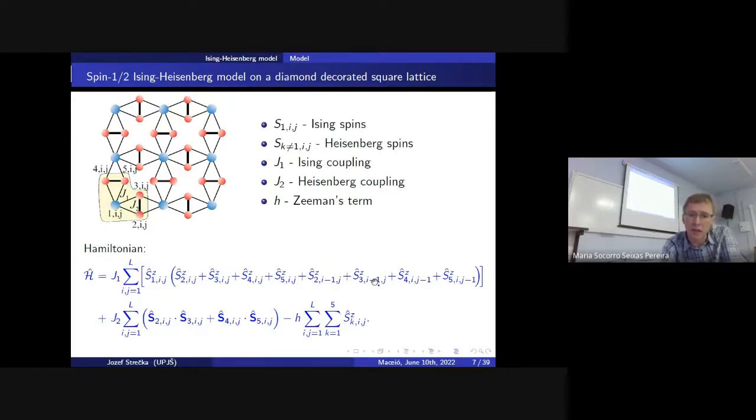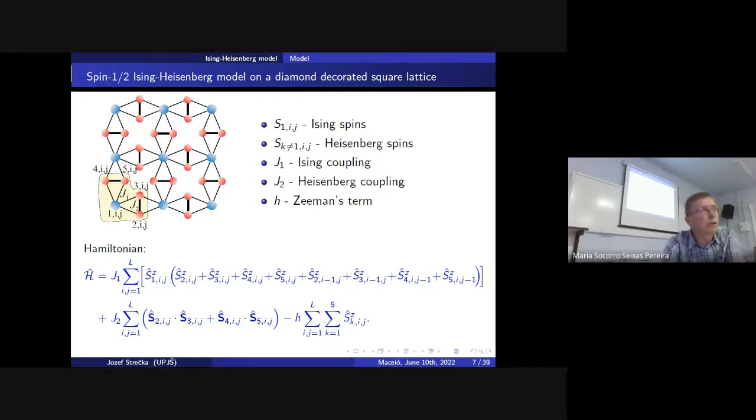So it will be an Ising coupling, but the coupling between those two sites, either on horizontal or vertical bonds, will be of Heisenberg type. So J2 coupling is Heisenberg type. And of course, we add also a Zeeman term related to the external magnetic field.